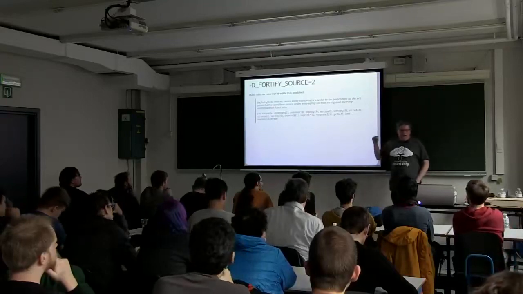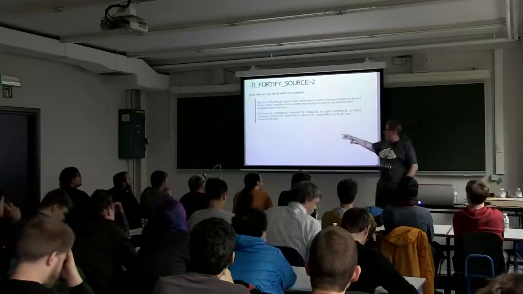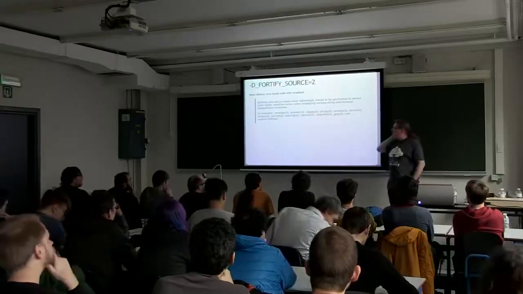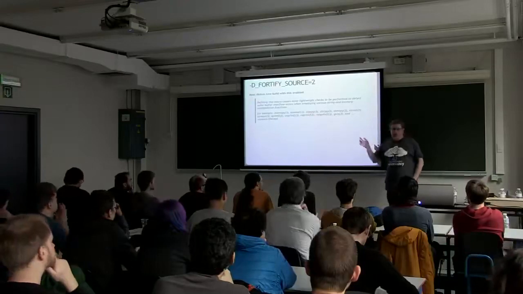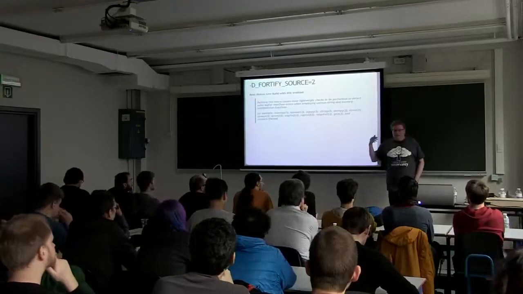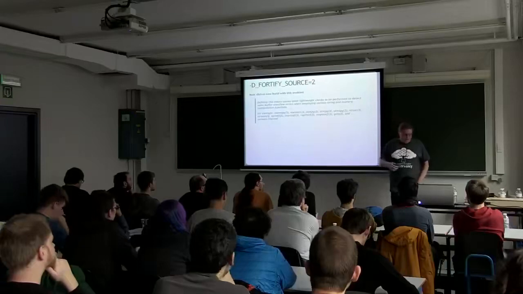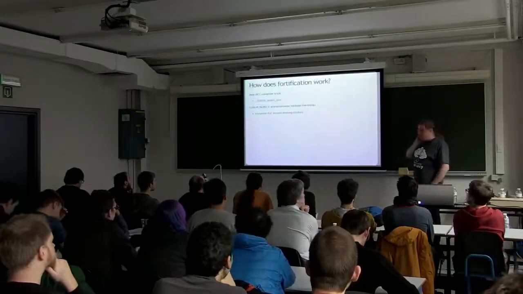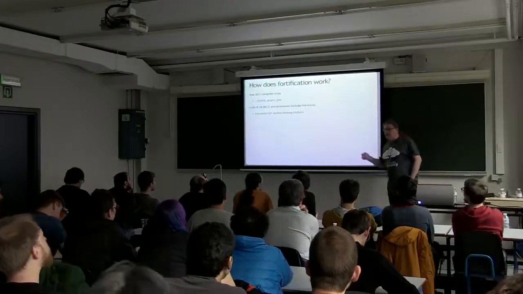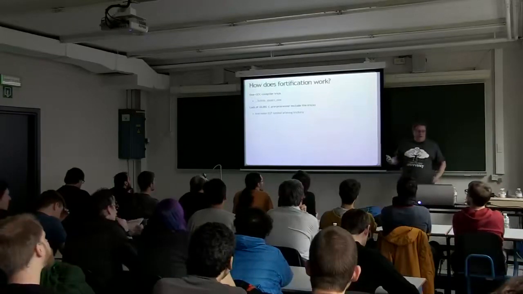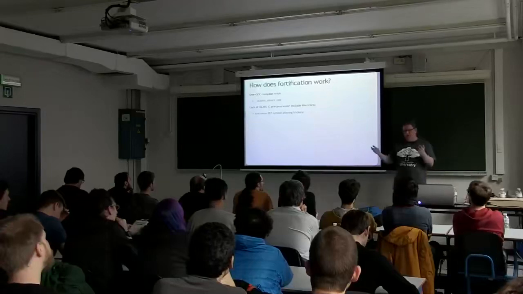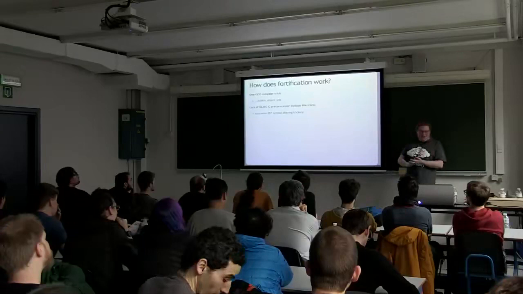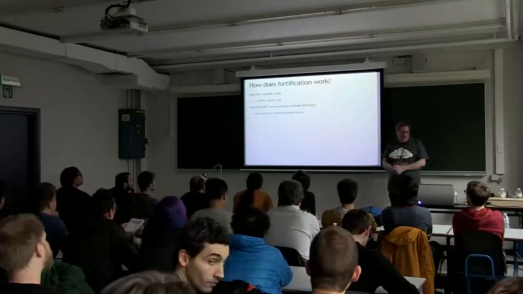So it isn't actually just these memory operations, but in glibc it does a couple of other checks also. So fortification is basically one somewhat complicated but very cool compiler trick.